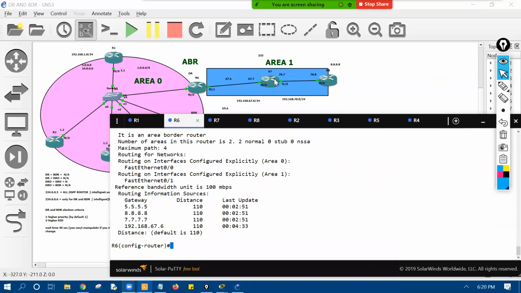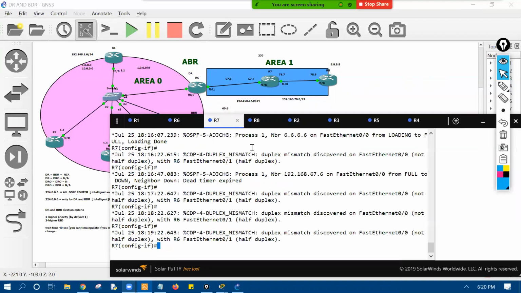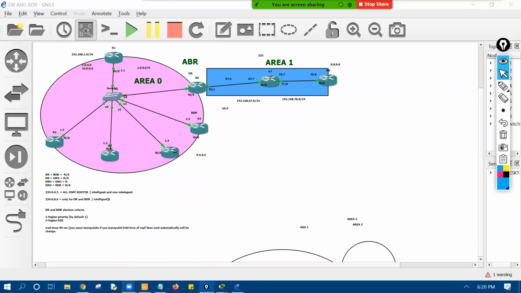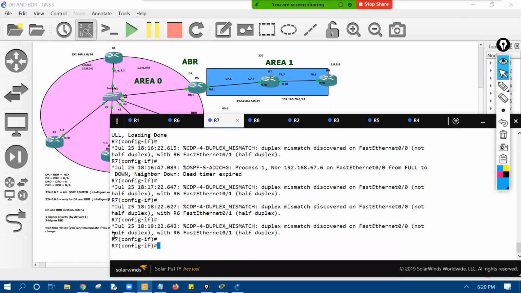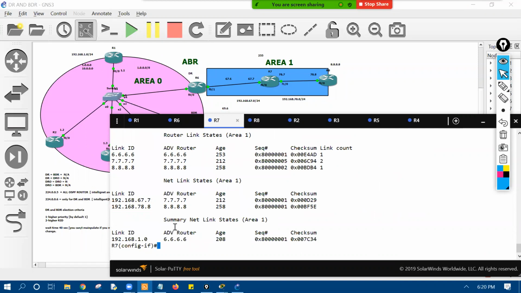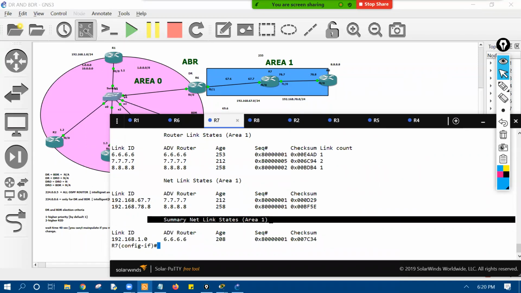Now if you check on the R7 router, right, this guy is just going to send this information, 1.0/24, on R7. If you go on R7, do show IP OSPF database. Single summary LSA.